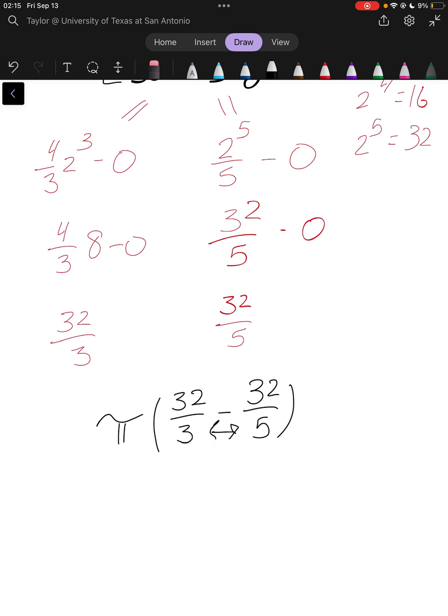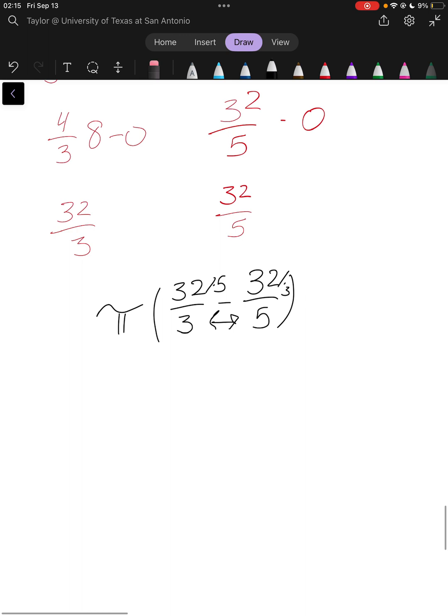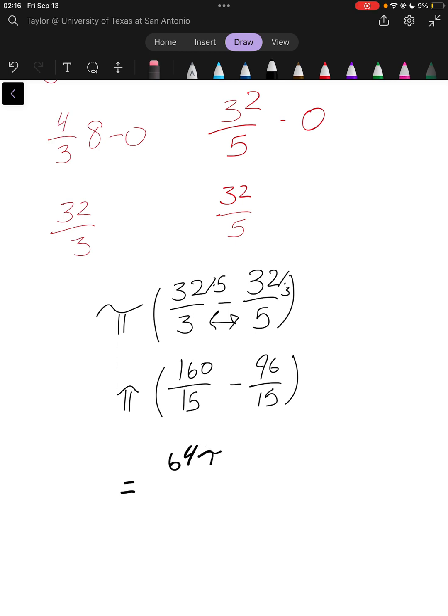So I'm going to multiply this by 5 and this by 3, giving me 160 over 15 minus 96 over 15, times pi, which gives me 64 pi over 15. Thank you.